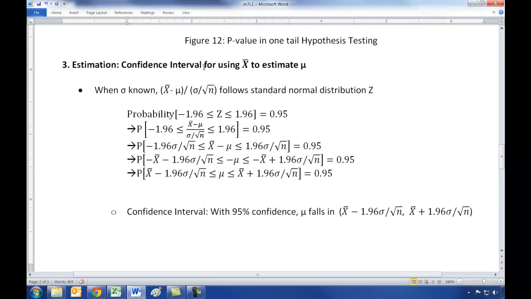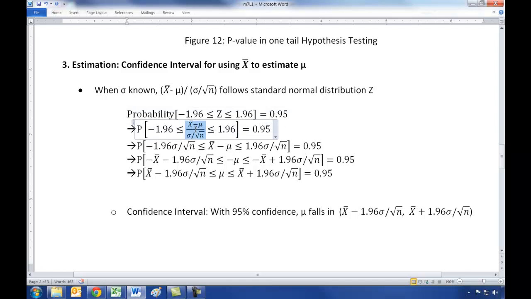We construct a confidence interval by reinterpreting a fact that we have used in the hypothesis testing, which is, if sigma is known, then this quantity follows a standard normal distribution. And also we know that the probability of the z score falling between these two numbers is 95%.